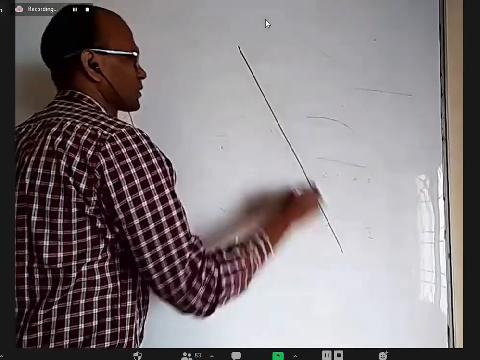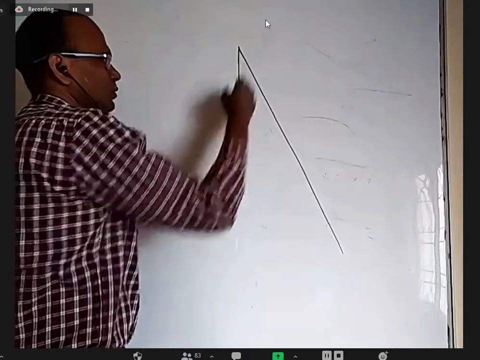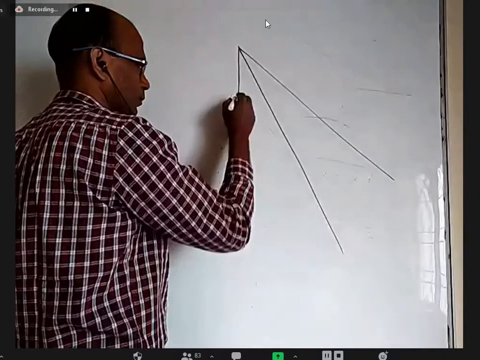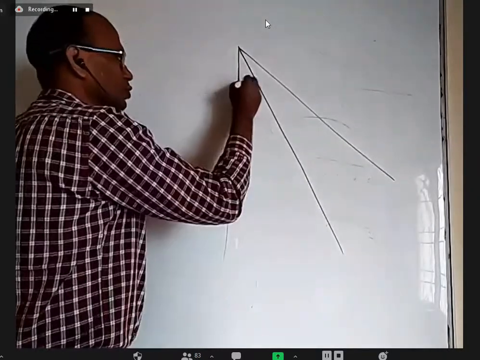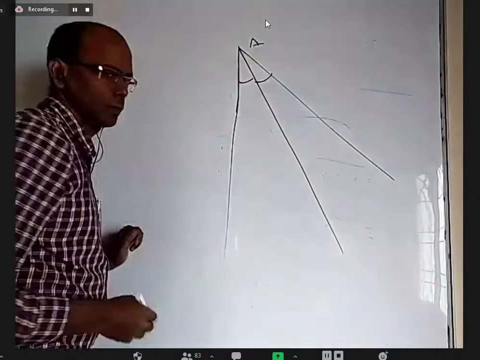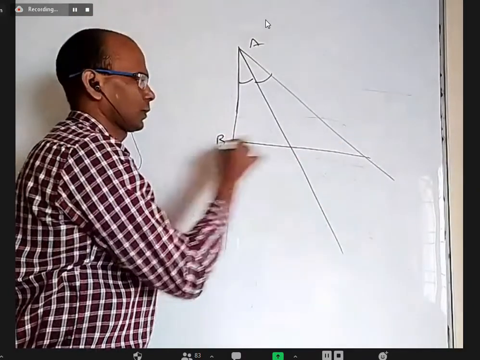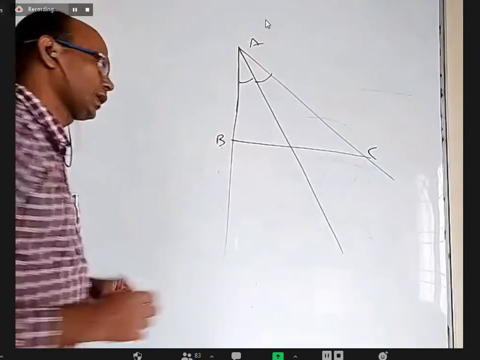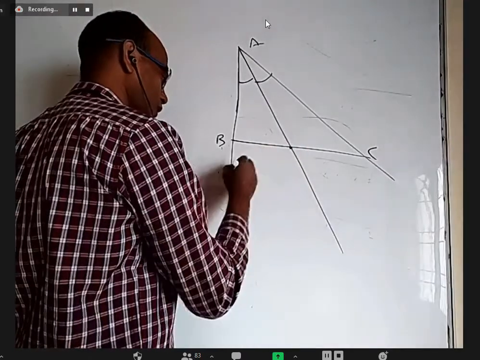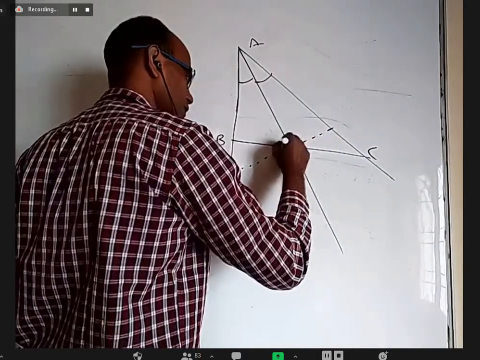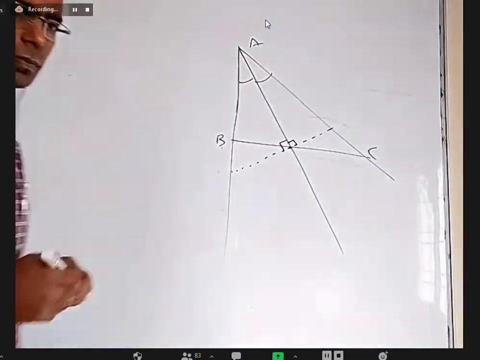This is the angular bisector. These are the two lines making equal angles like this. These two angles are equal. This is A. My BC is somewhat like this. This is a triangle. I want to construct through this point a line like this, where this is 90, this is 90, perpendicular to that.